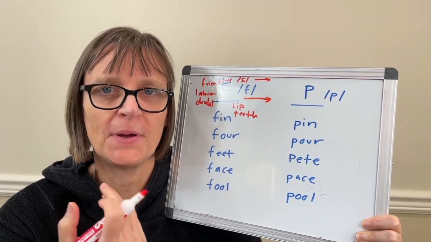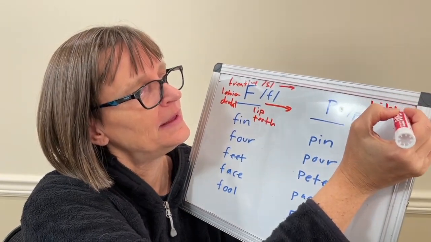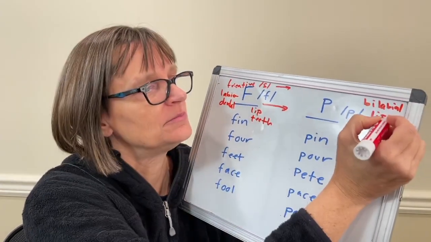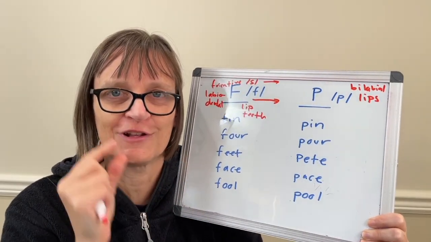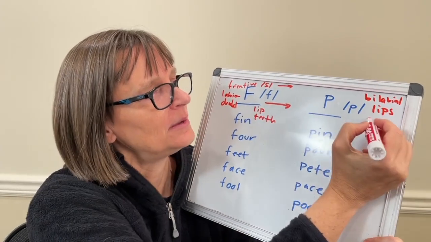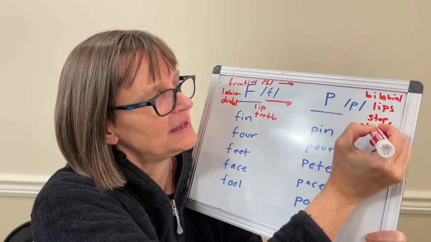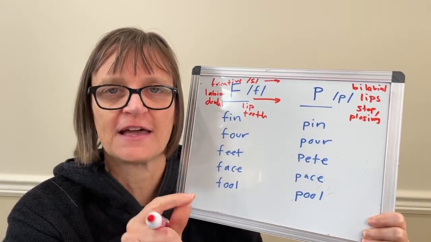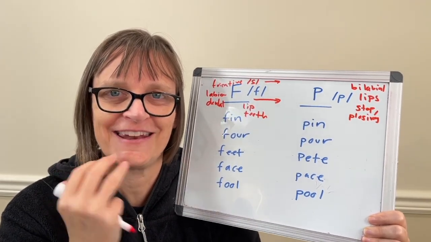Versus the P sound is what's called a bilabial, which means just lips, upper and lower. Bilabial means two pairs of lips, P, P, that I'm closing my upper and lower lip, and then it's a plosive sound or a stop sound, which means that instead of continuing like the F sound, I stop the air completely and then it explodes out.